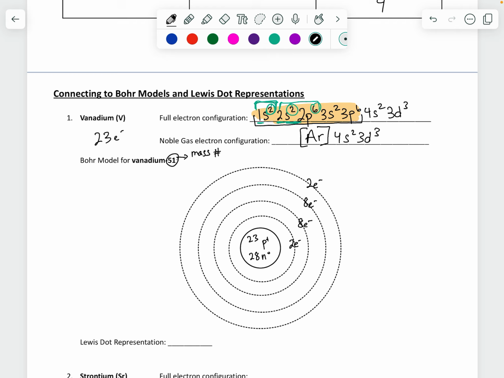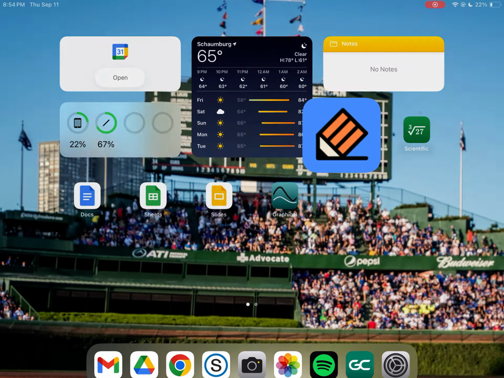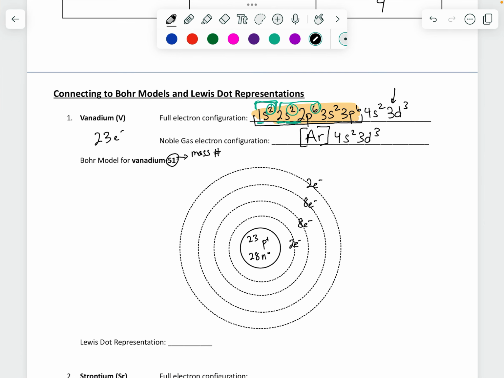The problem is we're missing a couple of electrons because of this D subshell. But remember, the D subshell is part of the 3rd energy level. And because of that, we now have to put 3 more into the 3rd energy level with the 8 that are already there, because a total of 18 can fit in that 3rd level.